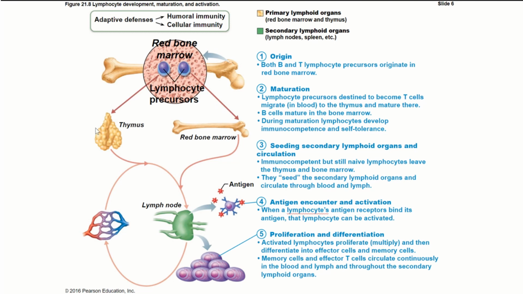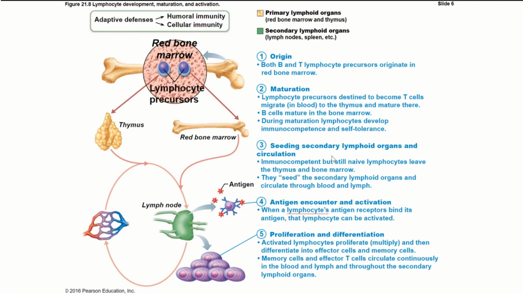T cells mature in the thymus, B cells mature in the bone marrow, hence their names, and it's where they get immunocompetence, which is where they can tell the difference between a pathogen and your own human body.